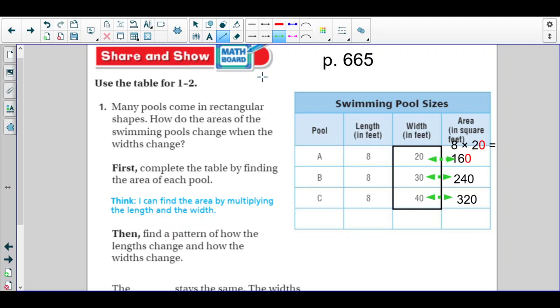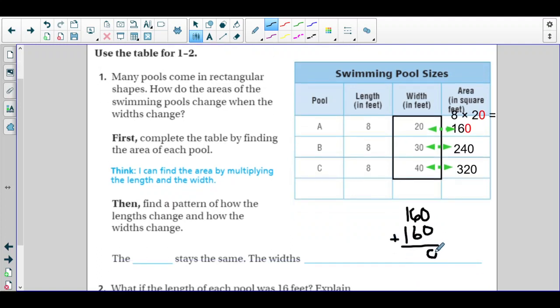Well, at first glance, what I am seeing is that we can go from 160 right here.